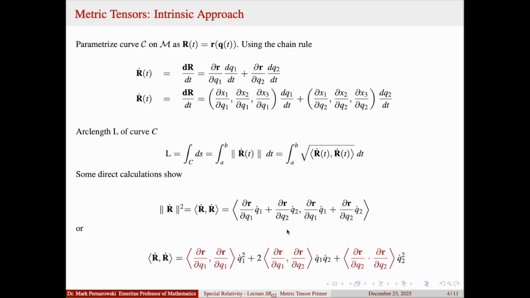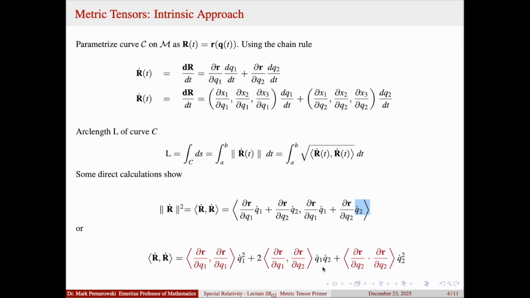I'll have things that multiply the cross terms, which will be q1 dot times q2 dot, for example, and you'll have two of those. And then you'll have q2 dot squared terms as well. The things I've highlighted here in red are the coefficients of each of these q-dot terms.